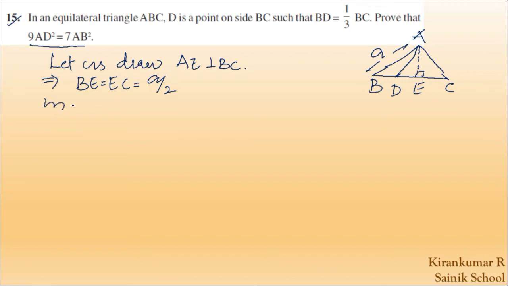Now observe in triangle AEB, we have got hypotenuse as AB. So AB square is AE square plus BE square. Substitute in the place of AB as A.